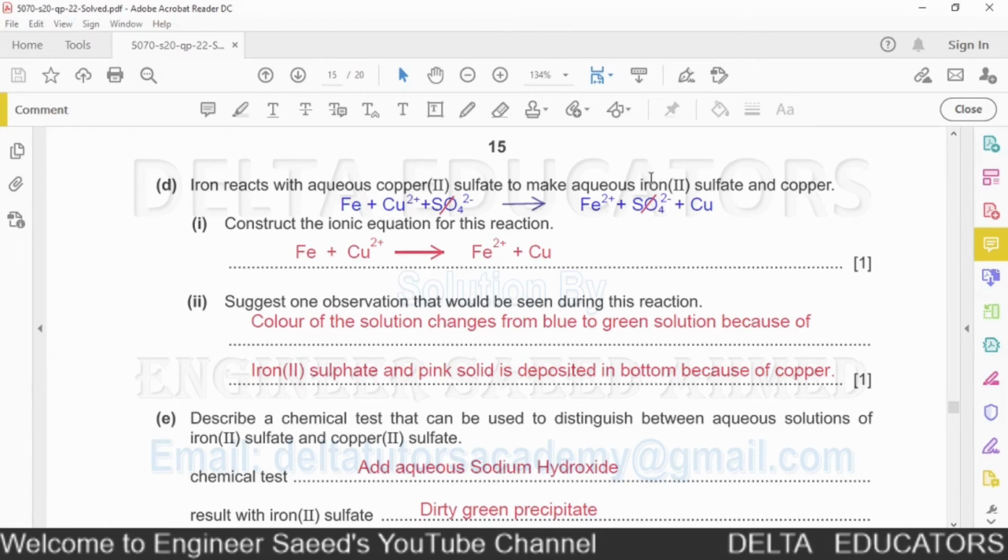So the color will change from blue solution to green solution, and we will get pink color at the bottom of the solution because of this copper. So what we have to write here, color of the solution changes from blue to green because of iron sulfate, and pink solid is deposited at the bottom because of copper.